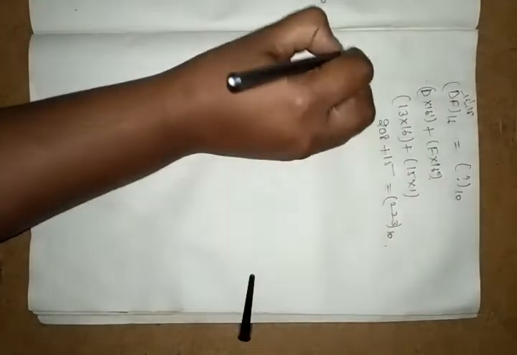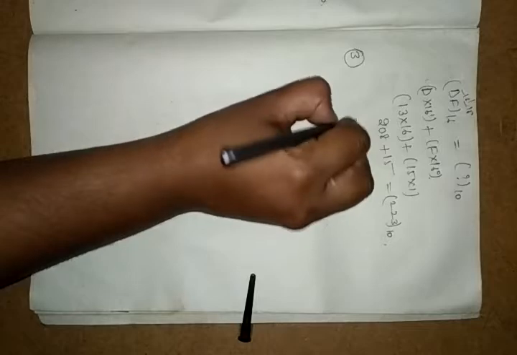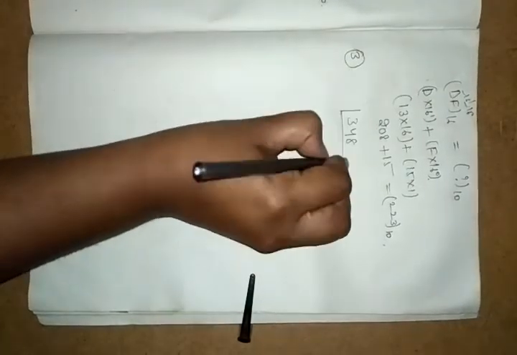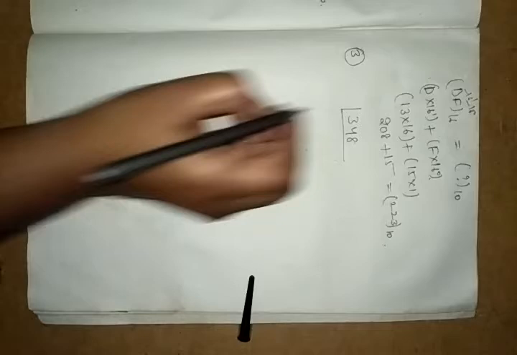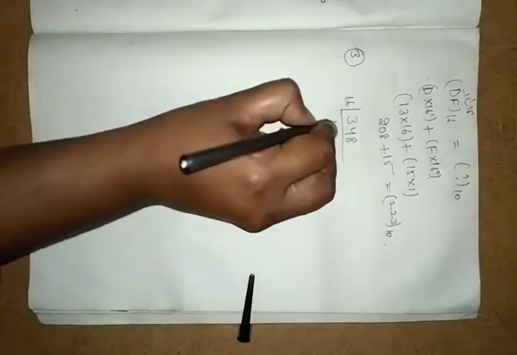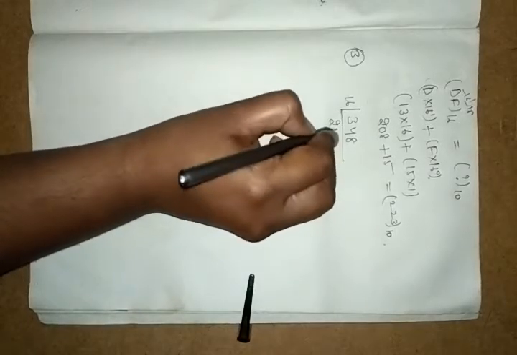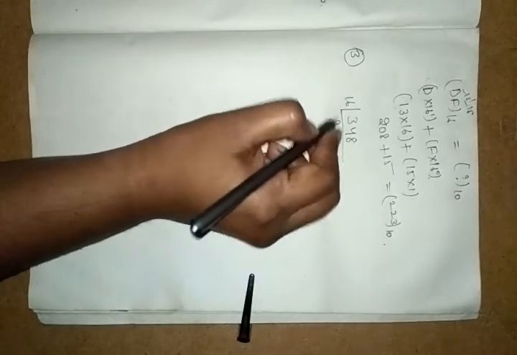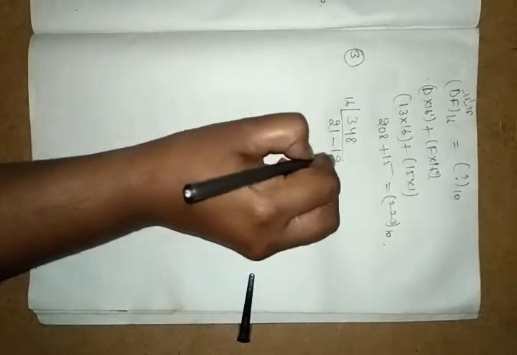Next, let's go with another example, the third one. Here I'm taking another example, 348. How will this 348 take the values? 16 into 2 is 32, 16 into 21 is 336. We are left with 12.